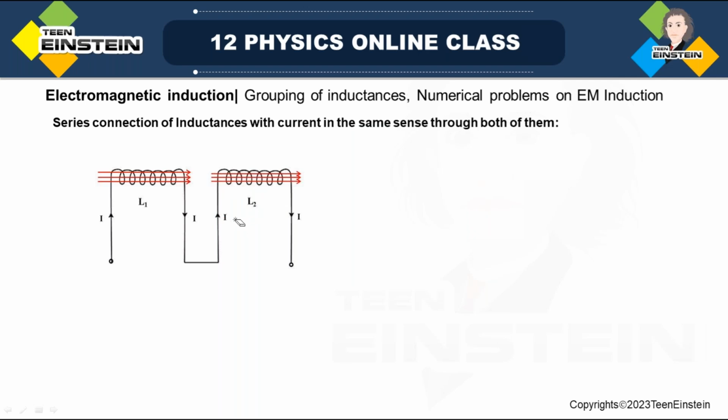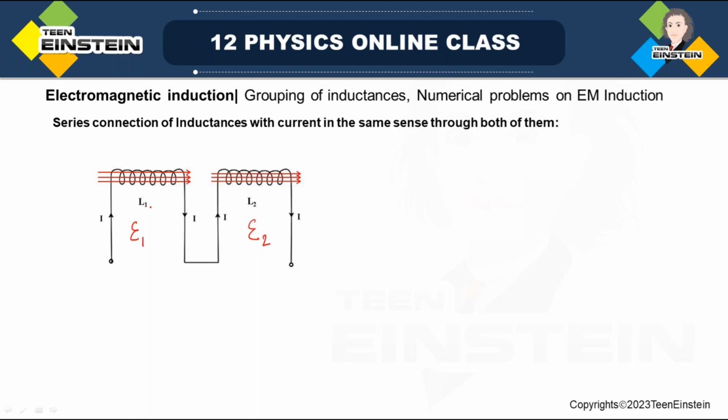In this type of series combination, obviously this coil will produce a separate EMF, let us say E1, and the other will induce some other EMF, that is E2. The induced EMF due to both the coils will be different, even though the current is the same, because the self-inductance is different.